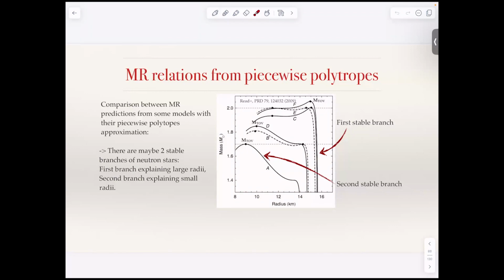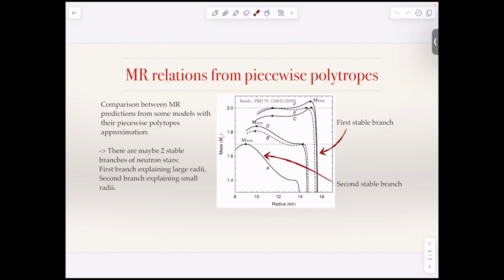So the question is whether it is acceptable to have such uncertainties, considering the experimental error bars, for instance, or if we need better approaches. And you can see, for instance, here this is a typical uncertainty in the radius. So it is a few hundred meters.